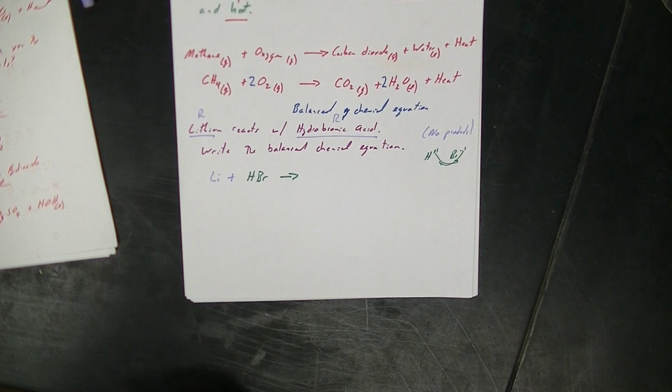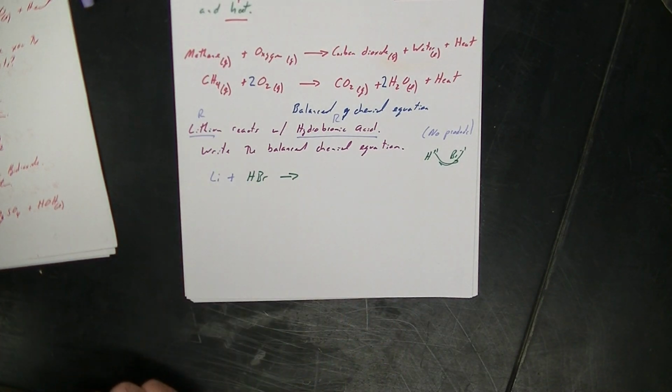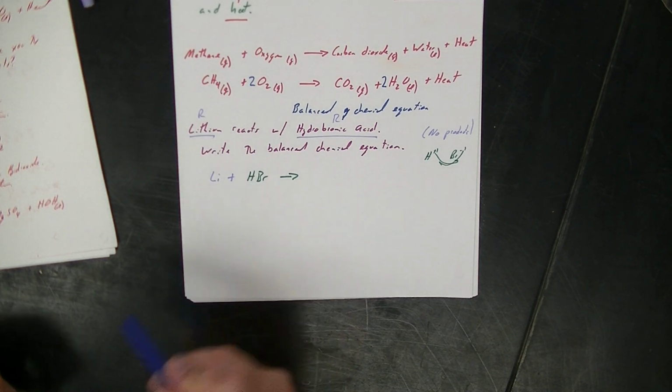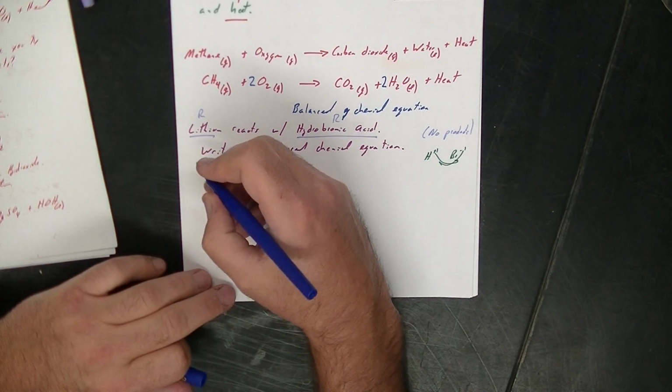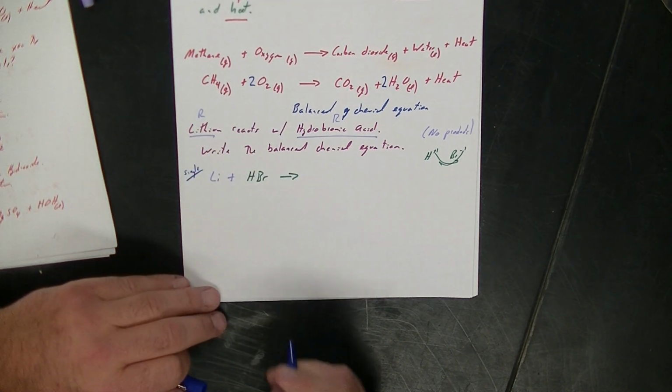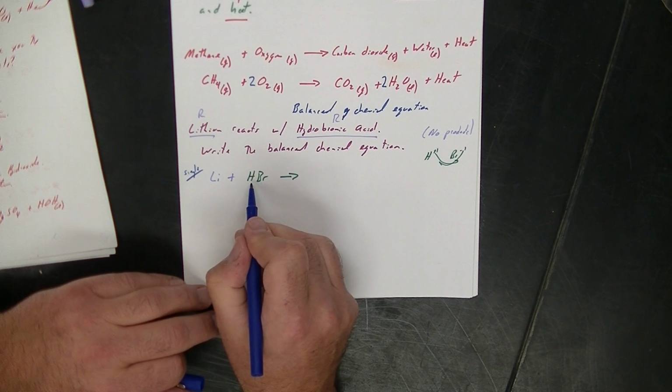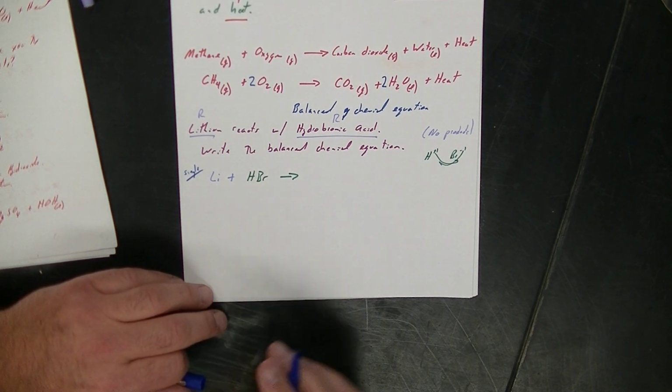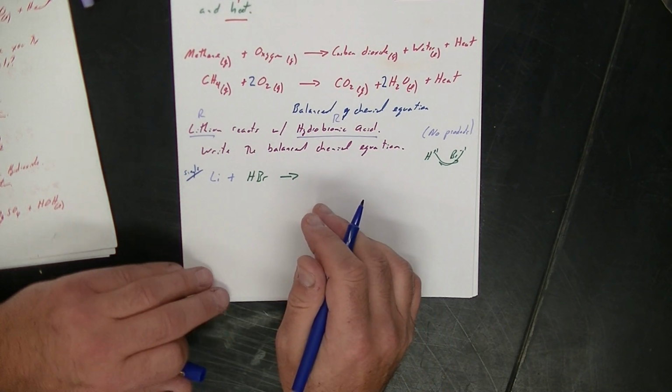Now if we look at that, can we figure out what type of equation this is going to be? Well, I have an element and a compound. This is going to be single replacement. The lithium is going to replace either the hydrogen or the bromine. So the question is, which is it going to replace?